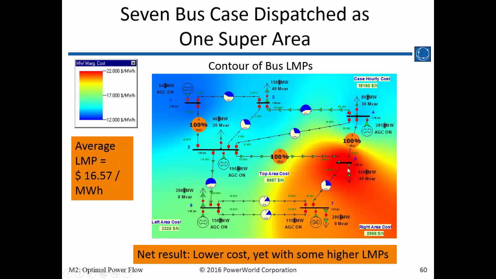Bus 5 is now at the receiving end of two constraints right here. So to get more power to bus 5, you've got to get it from places that tend to unload these constraints, which is not the cheaper generation up here, but the more expensive generation down there.